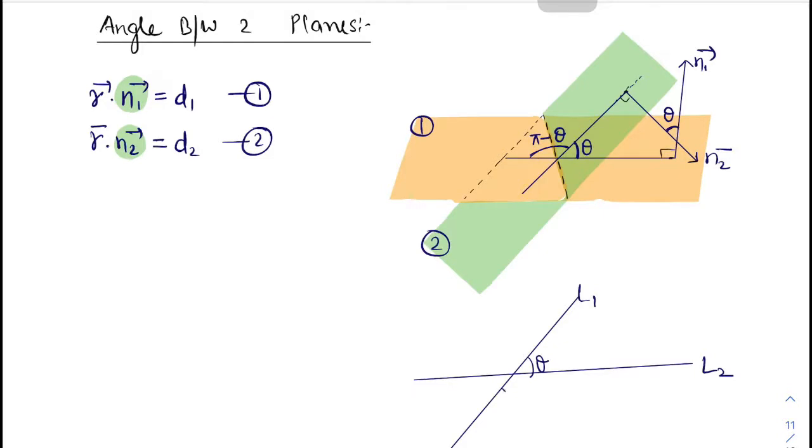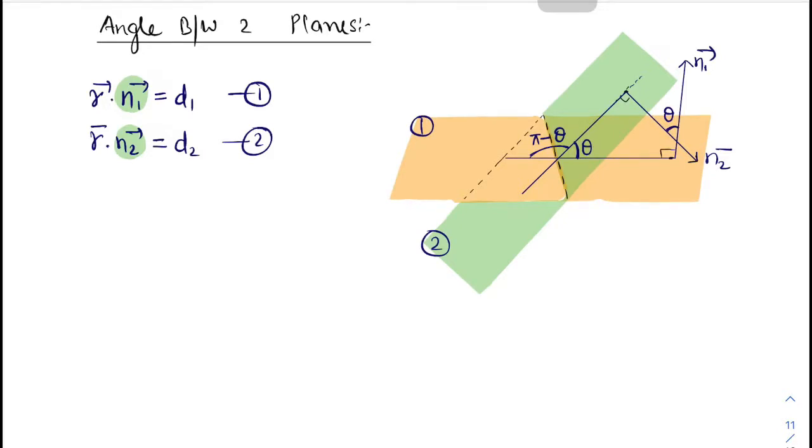So if I draw a line L1 dash, which is perpendicular to line L1, and another perpendicular line L2 dash, which is perpendicular to L2, then this angle will also be equal to theta. That is the reason why we can say that whatever is the angle between the normal vectors is going to be the angle between the planes themselves.